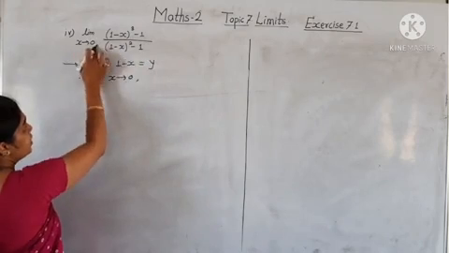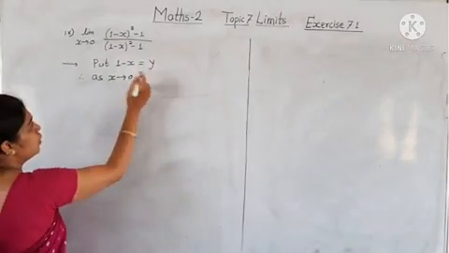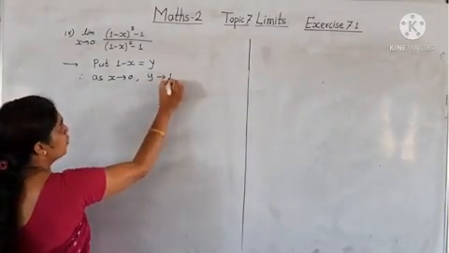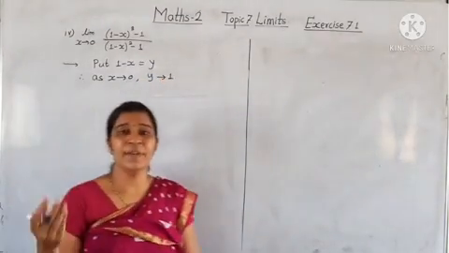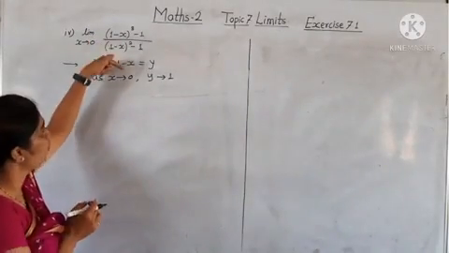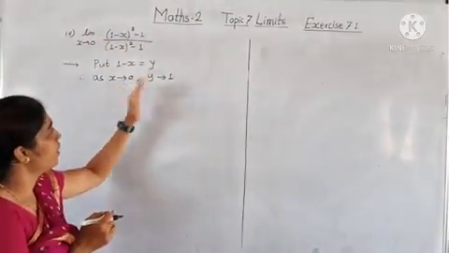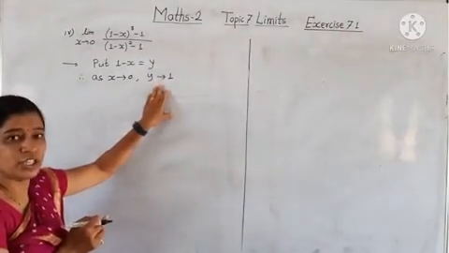So as x tends to 0, when x value is 0, what will be the value of y? y tends to 1. We have to change the limit also, because we want to convert x into y. We put x in terms of y. Therefore we had the limit also change.